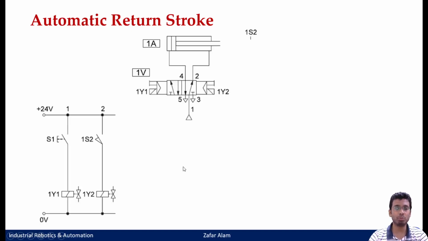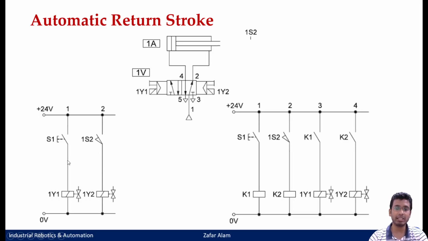So in both cases I'm using one S1, a double solenoid, that is 1Y1 and 1Y2, and one limit switch. Similarly, in this case also, I'm using one push button S1, two solenoid valves 1Y1 and 1Y2, and a limit switch 1S2. However, this control I have done using relays, and this I have directly actuated the solenoid valve.